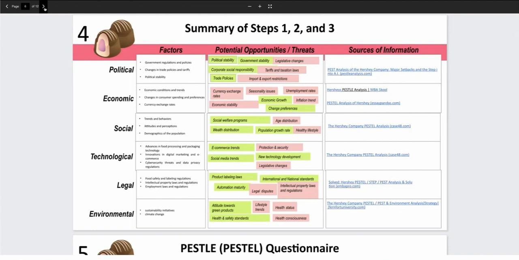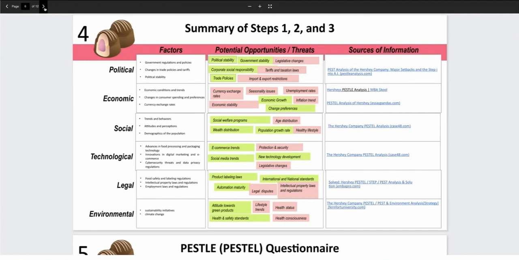For example, for the social factors, you did find out that for your own business, we are having factors like trends and behaviors. We may have factors like attitudes and perceptions toward, of course, our product or services. And you can also look into the demographics of the population.